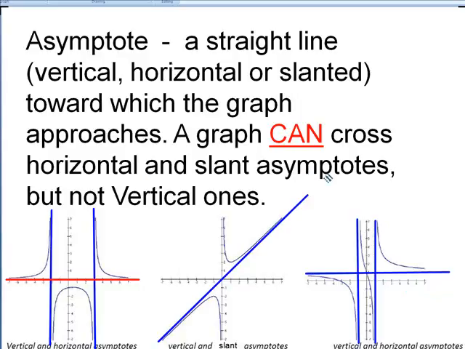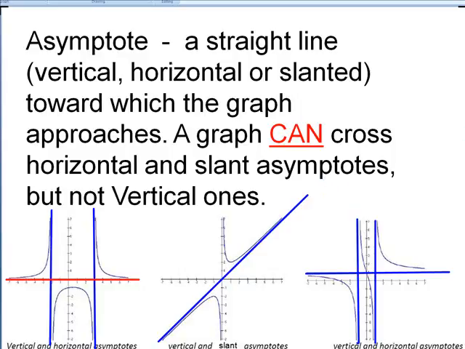Remember, the graph can cross horizontal or slant, just not vertical. At the vertical asymptotes, the graph gets really close, it approaches, but it doesn't touch. So that's the whole idea of what an asymptote is.